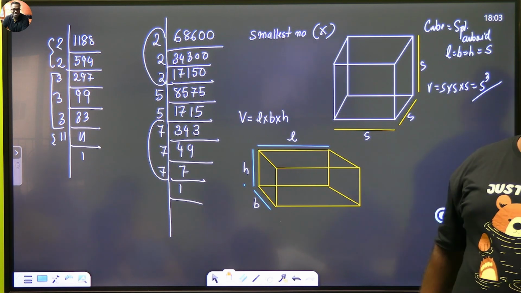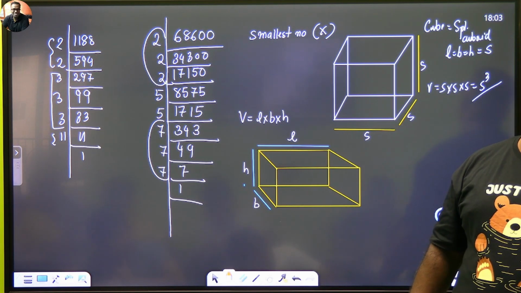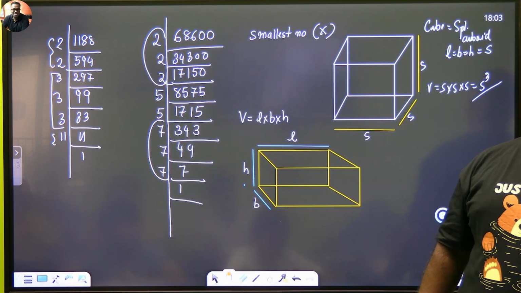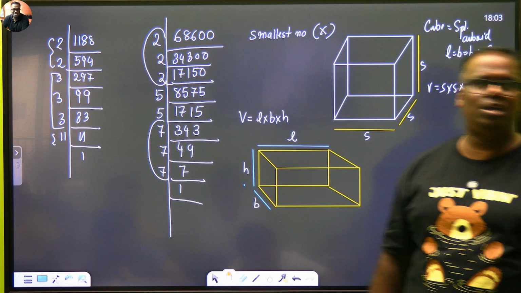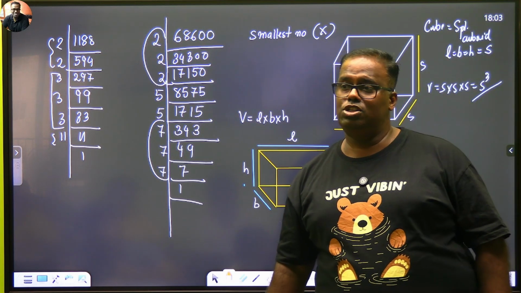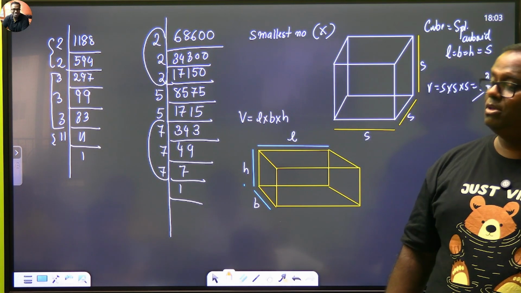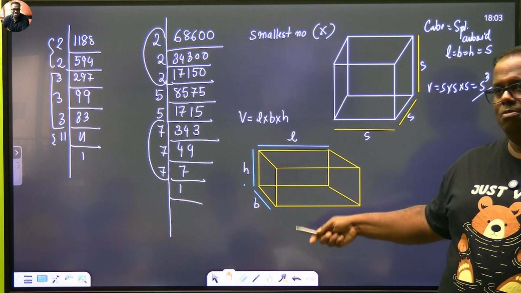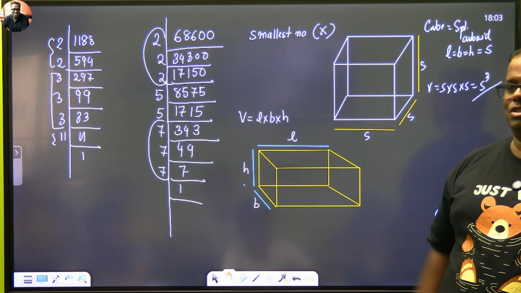A rectangle is again a special parallelogram, in which the angle between adjacent sides is 90 degrees. All rectangles are parallelograms, but all parallelograms are not rectangles. All squares are rectangles, but all rectangles are not squares. All cubes are cuboids, but all cuboids are not cubes.